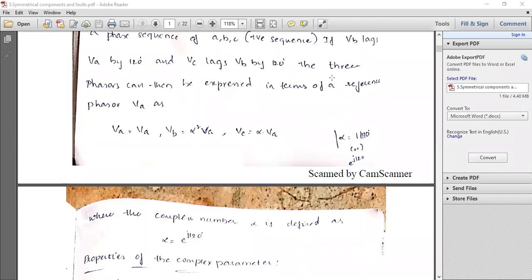In this particular case, we are expressing one unbalanced voltage or current, whatever it may be. We are expressing that unbalanced phasor into three sets of balanced voltages or three sets of balanced currents. This is very, very important.